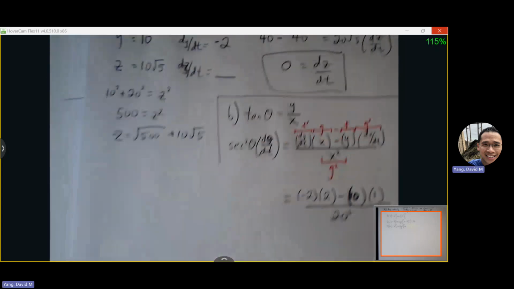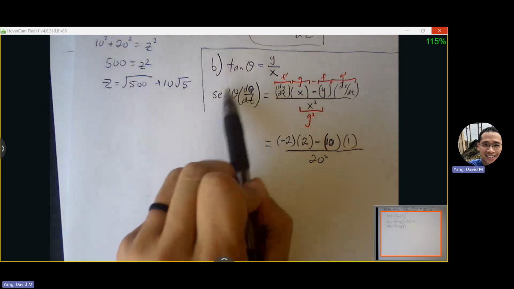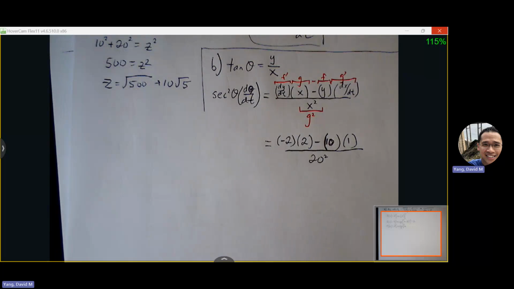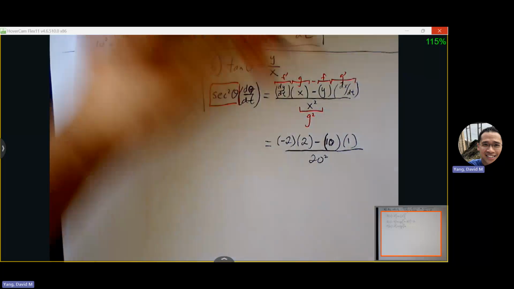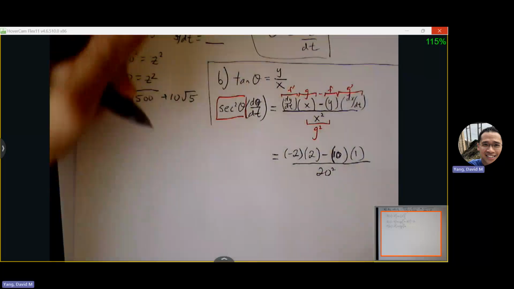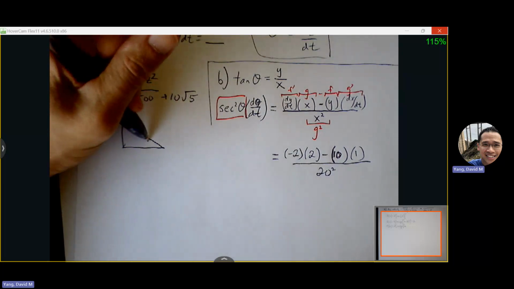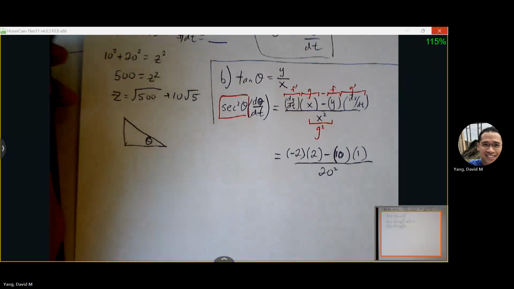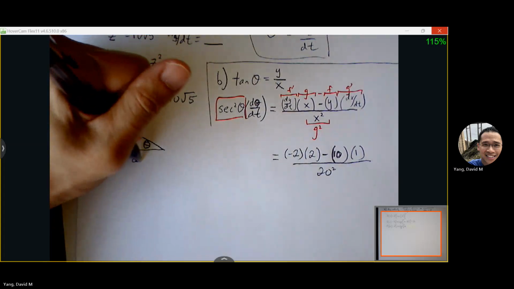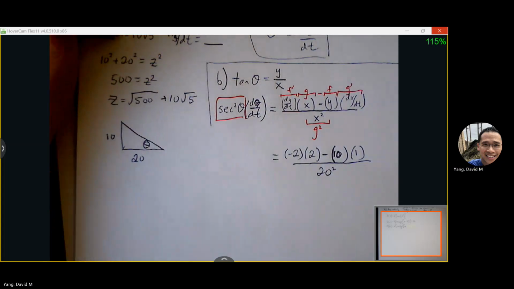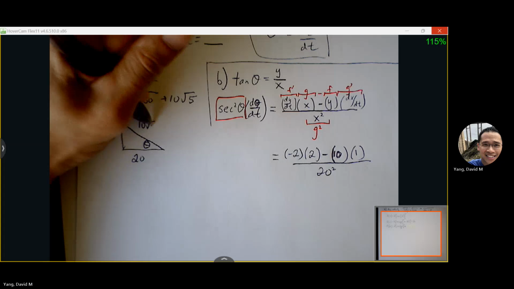Okay, so we're going to set up a second triangle to help us figure out how we can find the replacement for that secant theta. So I'm going to draw a second triangle here with all the numeric values filled in for this moment in time. X is 20, Y is 10, and Z is 10 root 5.